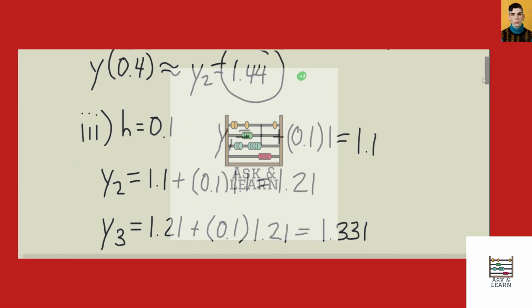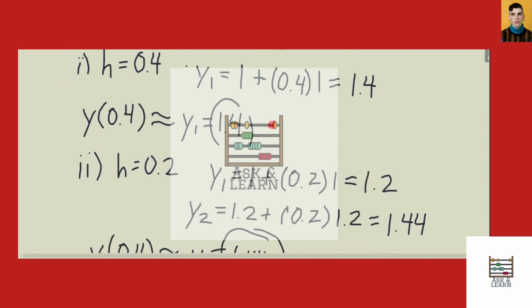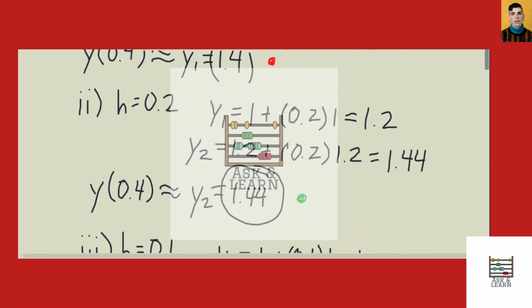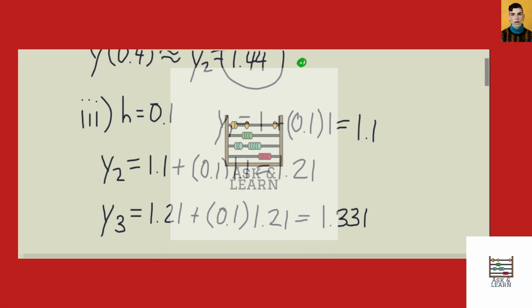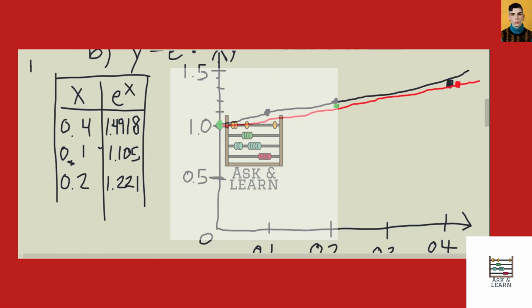And then x2, y2 is equal to 0.4, 1.44. Is in between. Connect these to make a piecewise linear function.